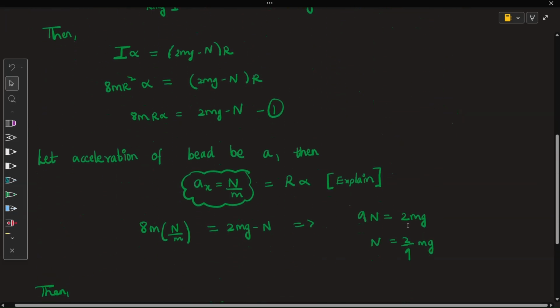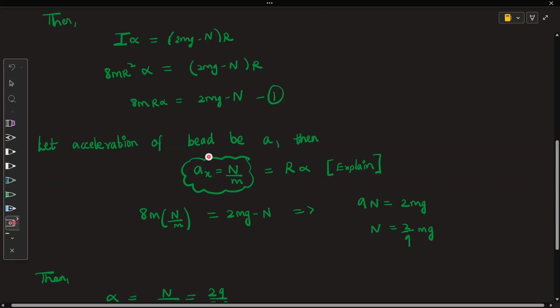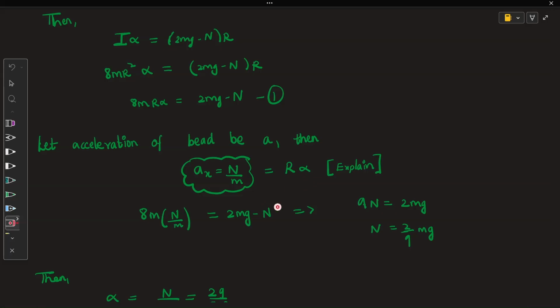So it's r alpha. Let the acceleration of the bead be a, then a_x is N by m, which is r alpha, that I have explained. So 8m into N by m. I am substituting this relation, N by m is r alpha, here. So what I get is N is 2 by 9 into mg.